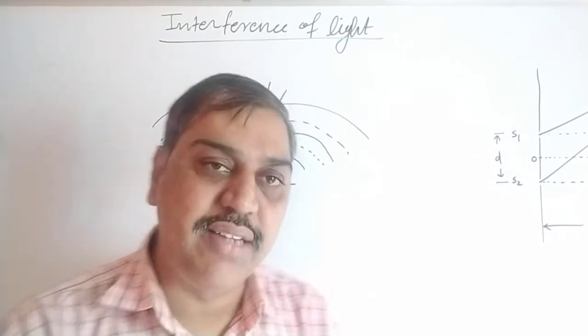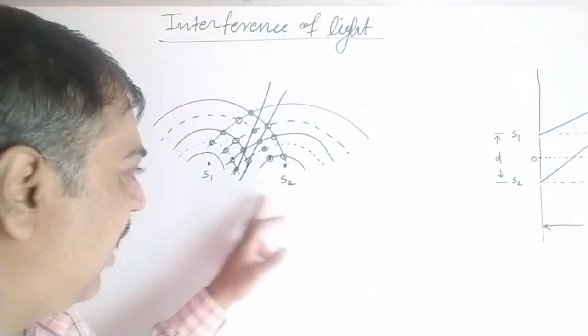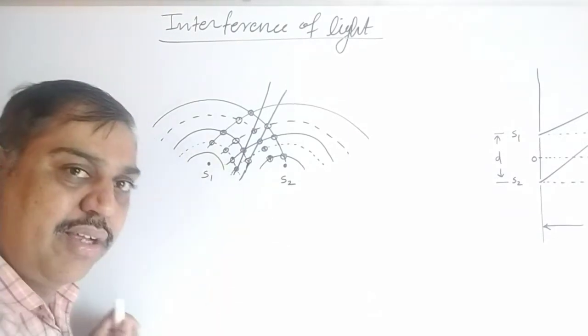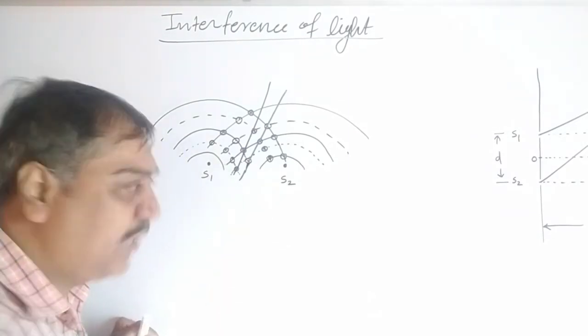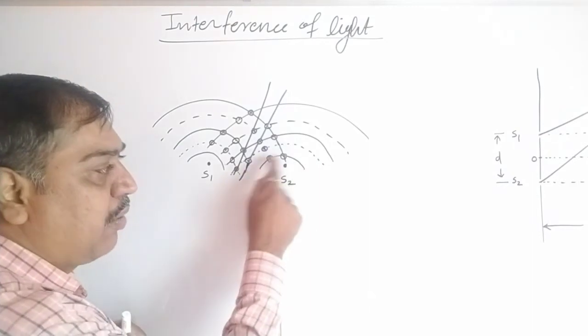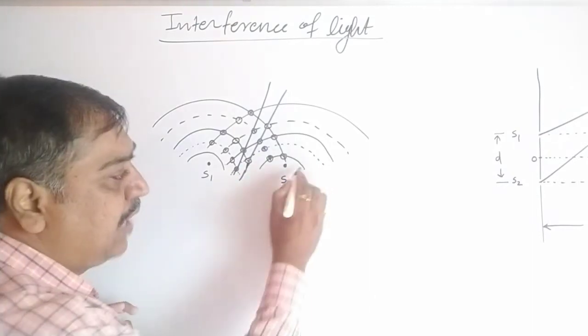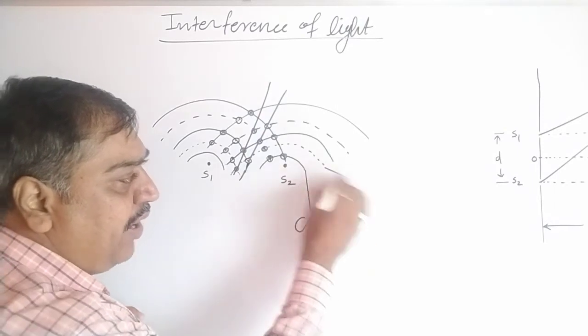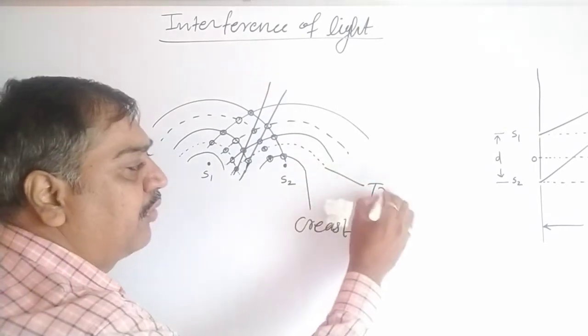Similarly, suppose there are two light sources S1 and S2. Both are light sources, emitting light of the same frequency in all possible directions. This dark black line I have drawn is, suppose, a crest, and this faint dotted line is, suppose, a trough.